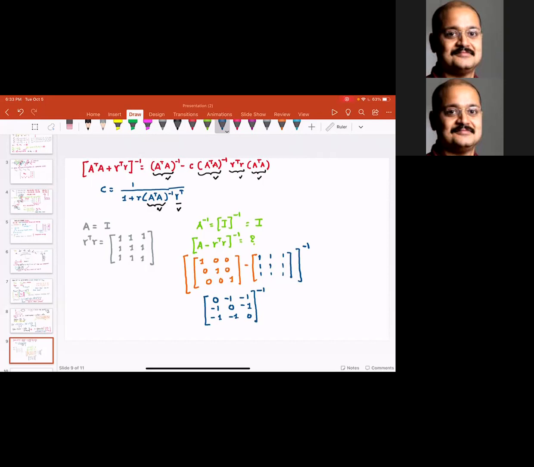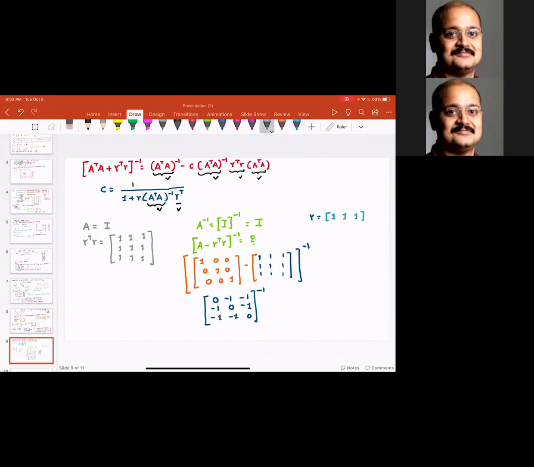However, it is interesting to observe that in this particular problem, your R is nothing but 1, 1, 1. So I can use this formula and clearly find the inverse of A minus R transpose R, given by a simple expression.